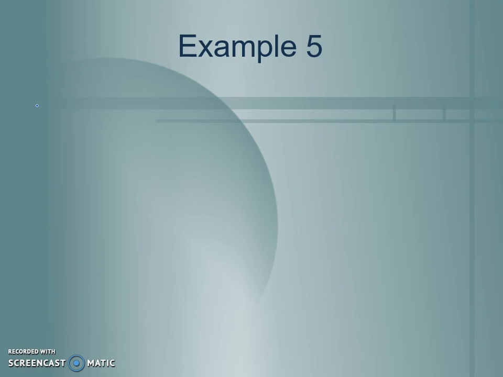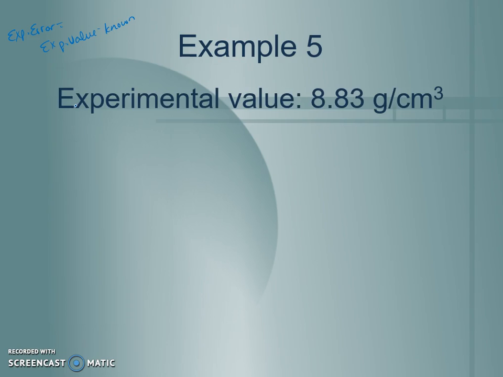So the first thing we need to do is find his experimental error. So remember we said experimental error is the experimental value minus the known. And our experimental value here is 8.83 grams per centimeter cubed.